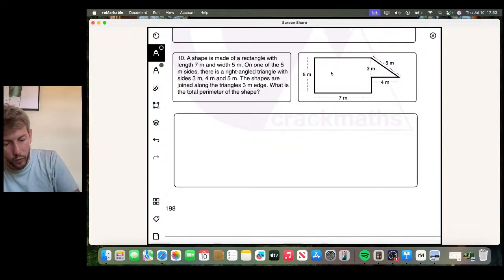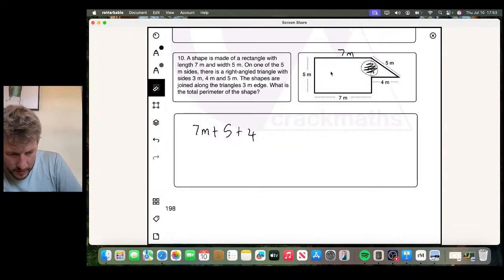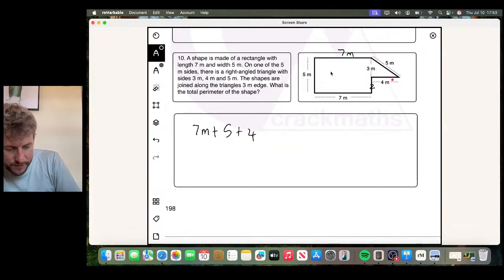So we've actually got all of the measurements here. That will be 7 meters at the top because it's a rectangle. We don't need this one here. That's irrelevant to the outside journey. So starting with the 7, we'll have 7 plus 5 plus 4. Oh, one second. We haven't worked out this one here. We did need that piece of information. If from here to here is 3 and the whole length is 5, that means this bit will be 2, because 3 add 2 makes 5.